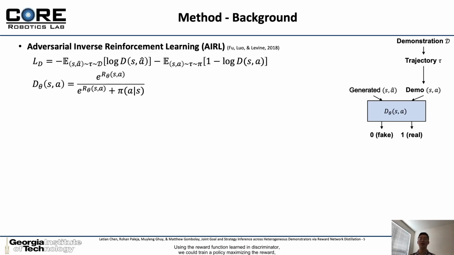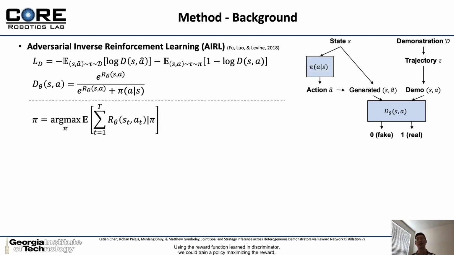Using the reward function learned in the discriminator, we could train a policy maximizing the reward, which gives us the generated state action pair. We could iterate between the 2 processes and finally converge to the reward function the demonstrator is optimizing and the policy that behaves similar to the demonstrator.